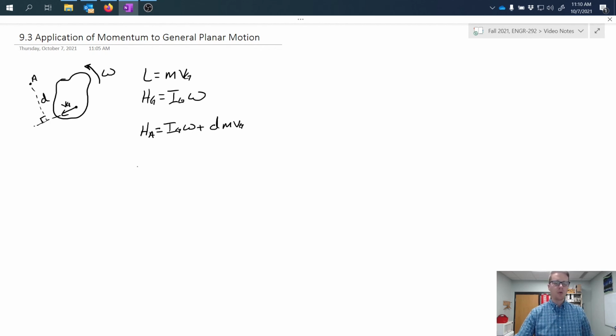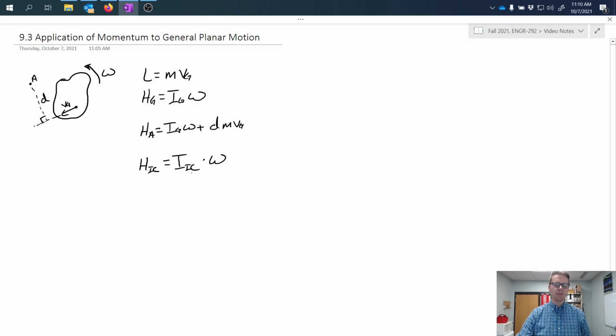So if we can locate that instantaneous center in the same way that we've talked about before, we can also calculate the momentum about the instantaneous center using the mass moment of inertia about the instantaneous center and multiplying that times the angular velocity omega.